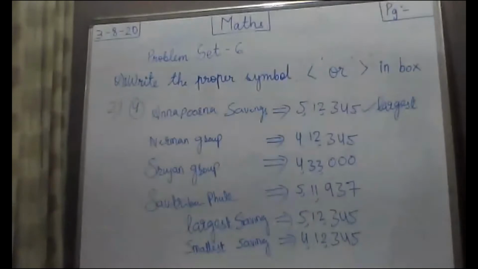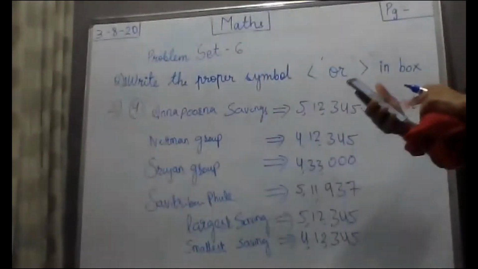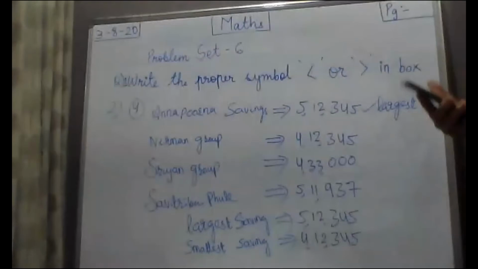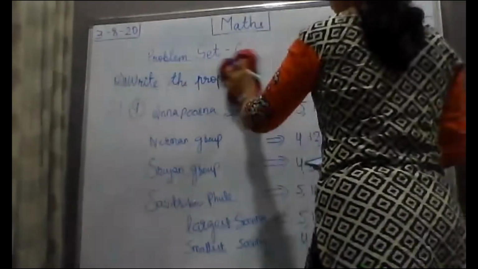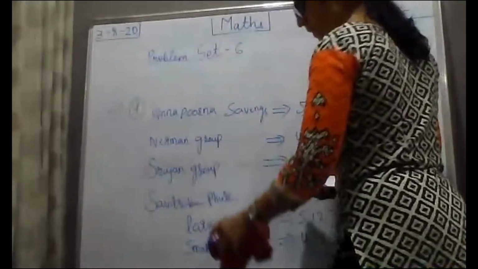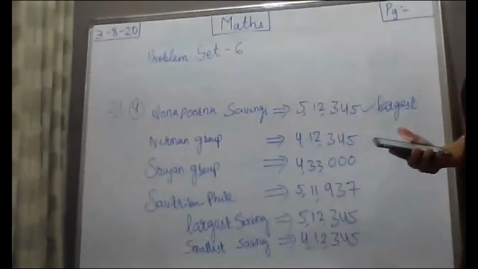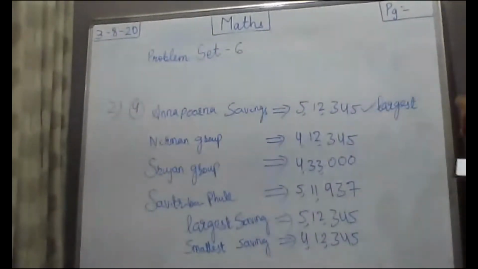4,12,345. Understood? This one. Now, in this only, one more question is there. You have to just write these figures in ascending order. Okay. Ascending order means from small to big number.